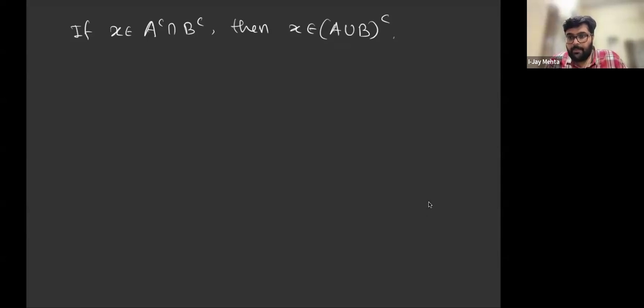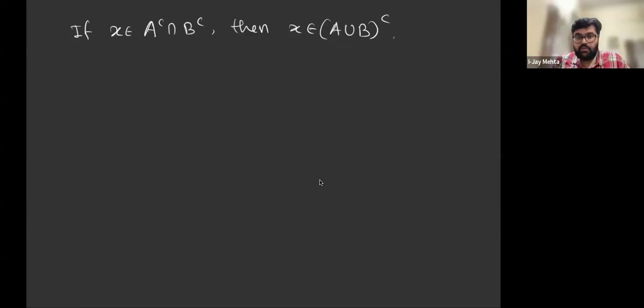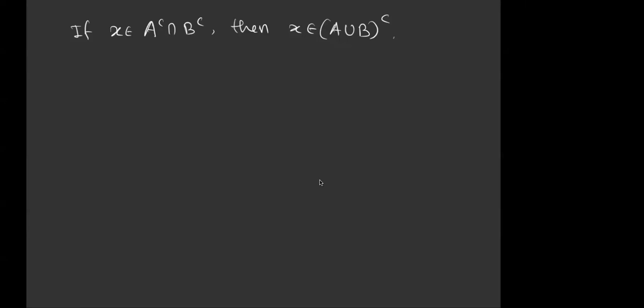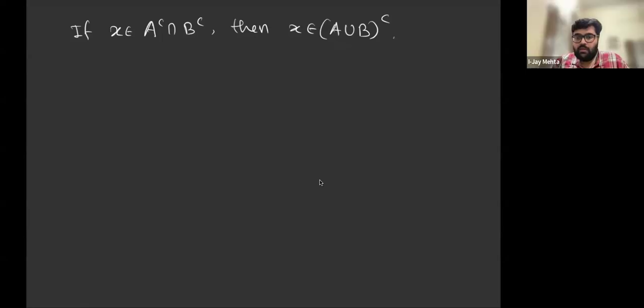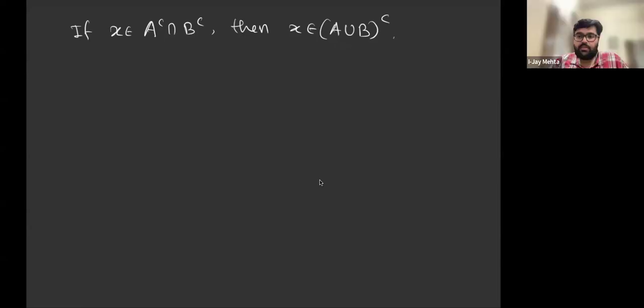Room number 5, Ayush, do you want to repeat? So first we started with X belongs to A complement intersection B complement. So we can expand this and write X does not belong to A and X does not belong to B, which means it cannot belong to the union of them because it does not belong to A and it does not belong to B. And if it is not in the union, then it is the complement of the union.